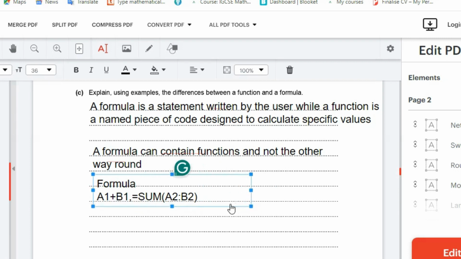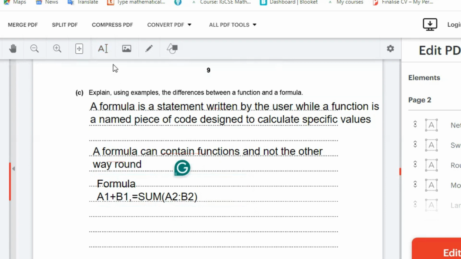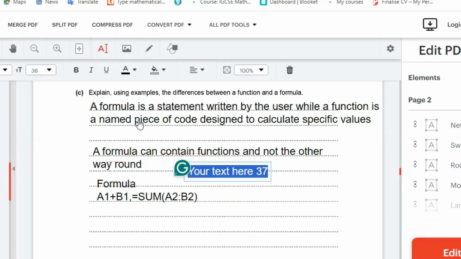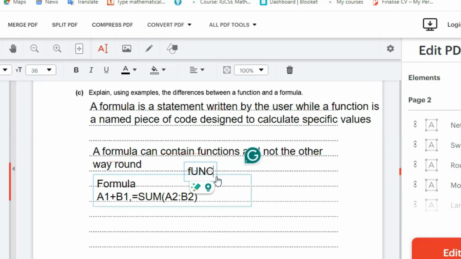Then let's write an example of a function. Do we get it?